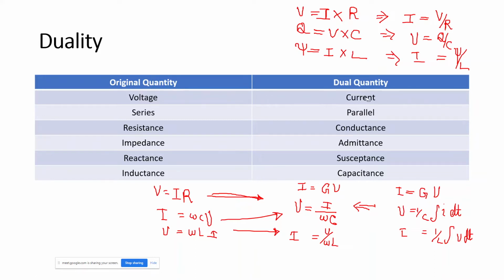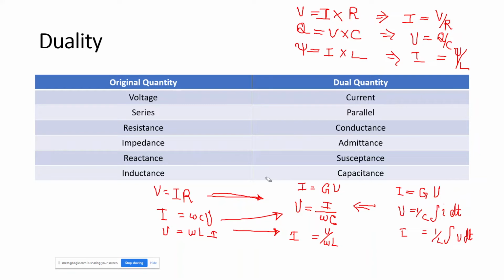Yes sir. If the original impedances are in series, in the dual circuit they will be in parallel. If it's resistance, it will be conductance. This G is known as conductance. If it's impedance like omega L, it will be 1 by omega L, which is known as admittance. Omega L and omega C are reactances. So if it's reactance in the original quantity, it will be susceptance.